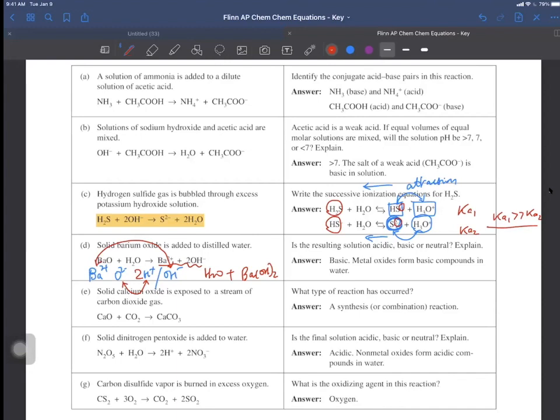You can also compare the stability of the anion. Which anion do you think is more stable? Probably 2- is more stable. Why is 2- more stable? I'm not very sure. How do you think, guys? Which one is more stable?